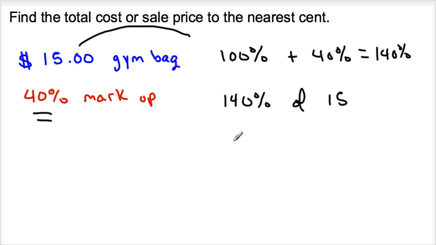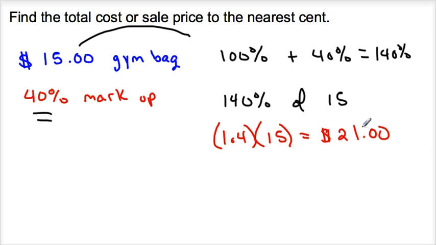What is 140% as a decimal? 1.4, 1.40, either one. 1.4 times 15, and after just doing this multiplication, we should get the same answer of $21 as our final price.